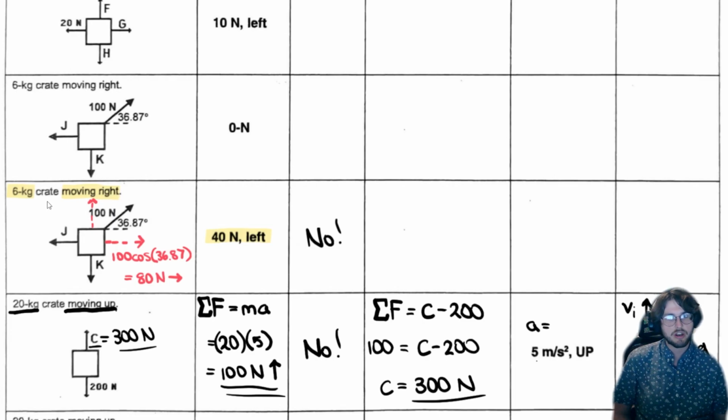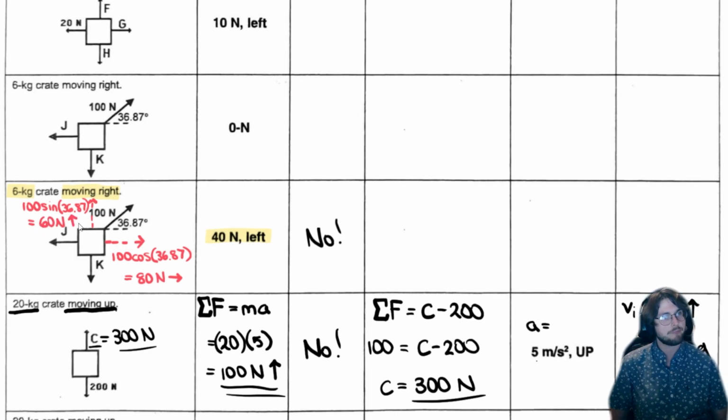Secondly, this force over here, I'm going to solve for it over here, would be 100 newtons times sine of 36.87. And if you were to solve for that one, you should get a force of about 60 newtons upwards.